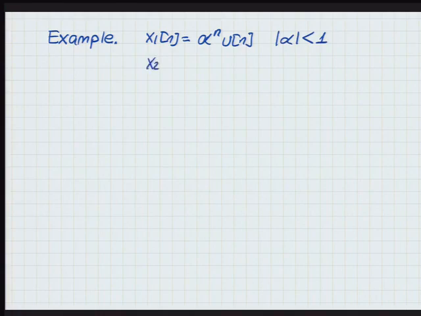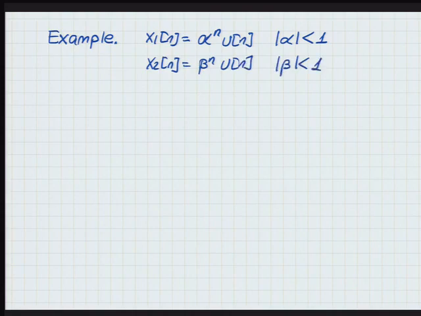So let's say x1 of n is some number alpha to the power n times the unit step. And for the DTFT of this to converge, the coefficient alpha has to be smaller than 1 in magnitude. And let's say x2 of n is beta to the n times u of n. And again, beta is less than 1.